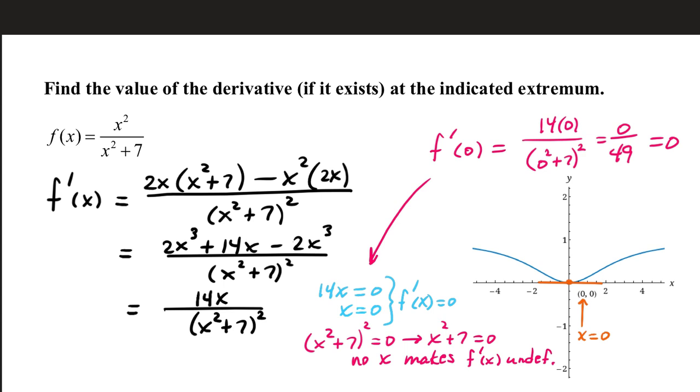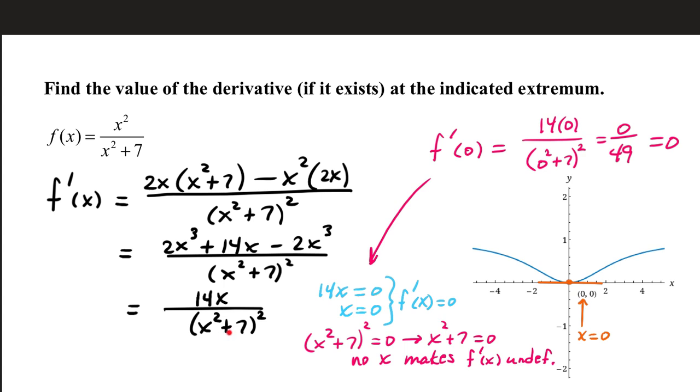Because our derivative is in fraction form, you can have cases where it's equal to 0. That's when the numerator is equal to 0. 14x equals 0 if x equals 0. So our first derivative is equal to 0 when x is 0.